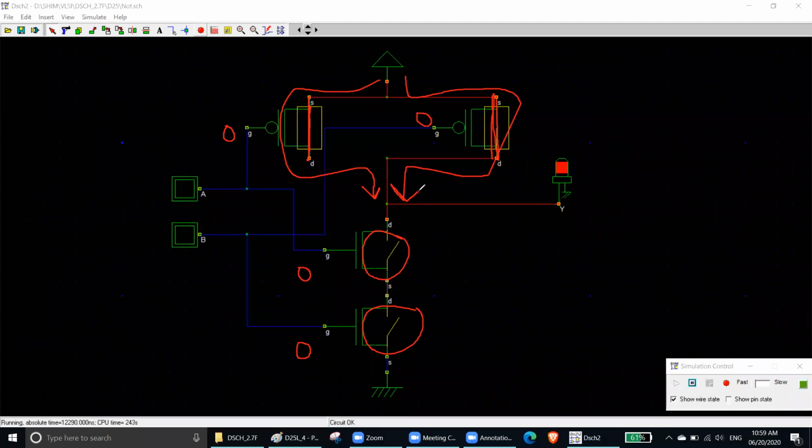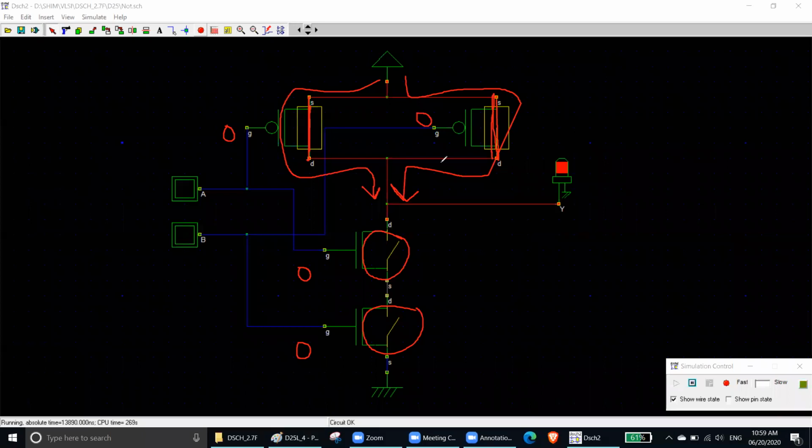The current will be divided into 2 ways because of Kirchhoff's current law. It will go through both MOSFETs.